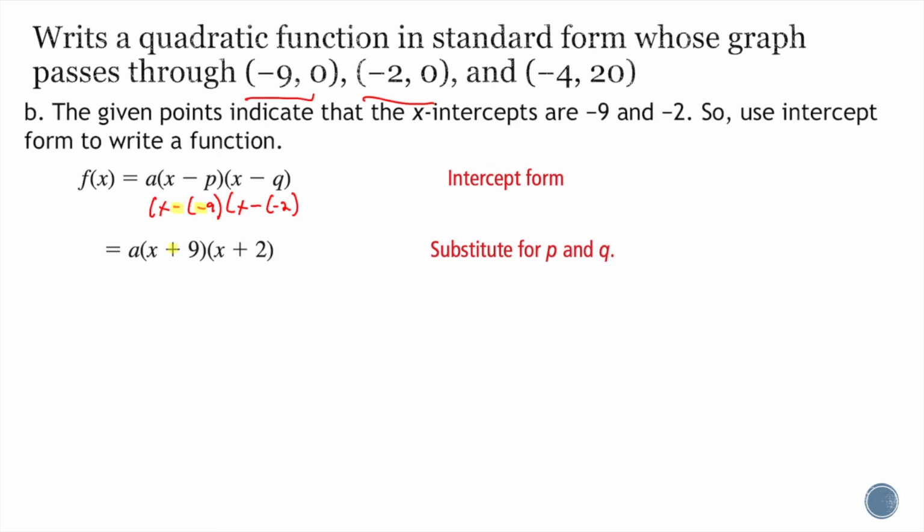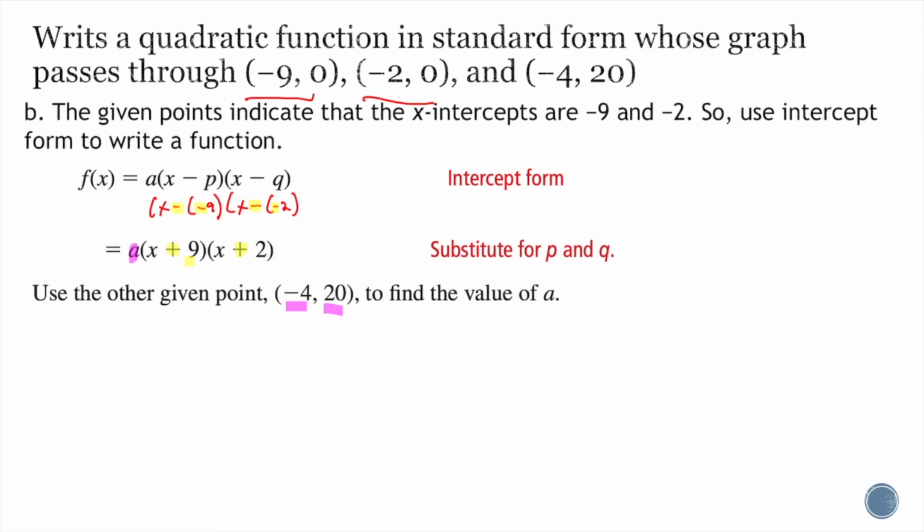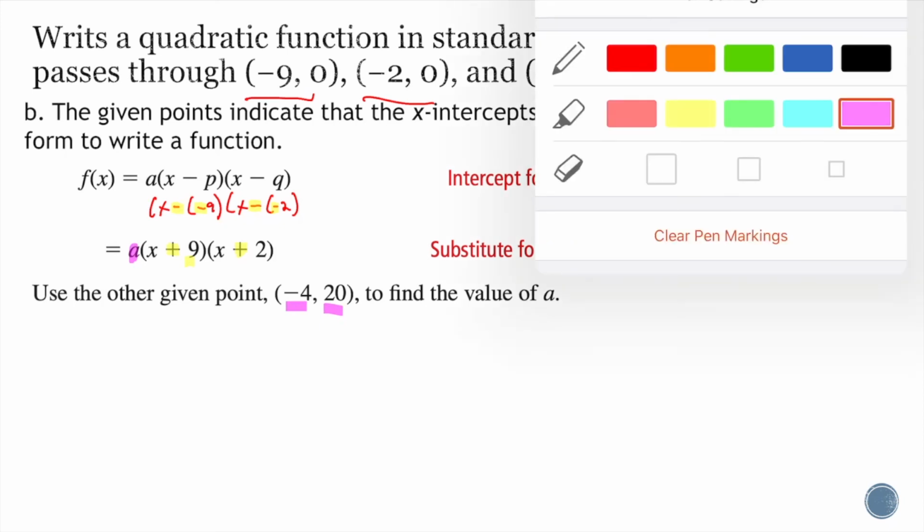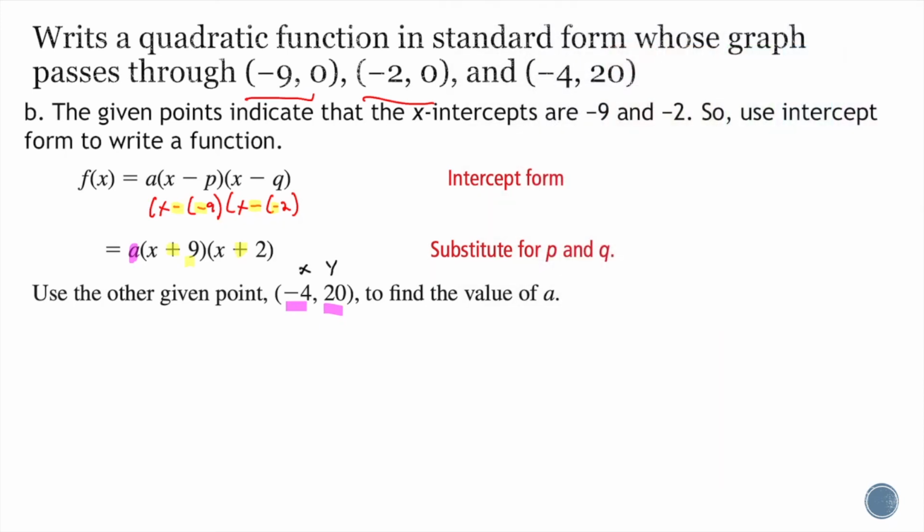Negative times a negative is a positive. So I'm going to use the other given point to find the value of a. Notice how I was able to substitute p and q, but I do not know what my value of a is yet. So I'm going to substitute the values x and y here, as so.